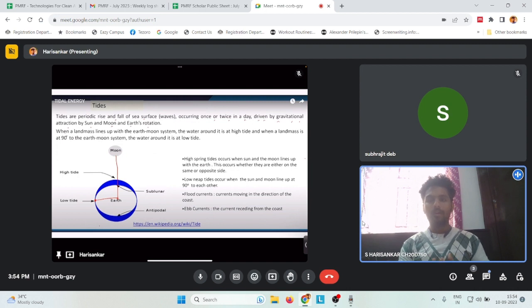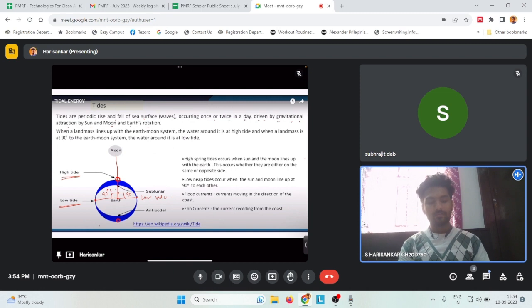When the beach or our surface is at 90 degrees in alignment with the moon, we have low tide. And when it is in line with the moon, we have high tide. So both this surface and this surface will have high tide, and at that same time the perpendicular surfaces, which are 90 degrees from the moon's alignment, will have low tides.